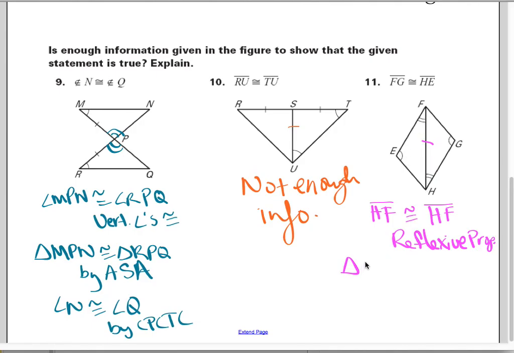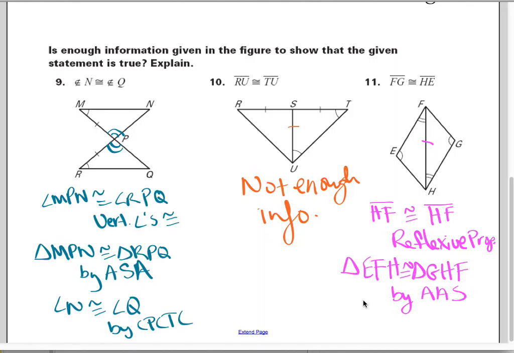So that's the order I'm going to go, which is EFH on the left side. And on the right side, 1 mark, 2 mark, no marks makes me go GHF. So looking at those angle markings and using those to put the order helps me so much. And my reason is going to be angle, angle, side.